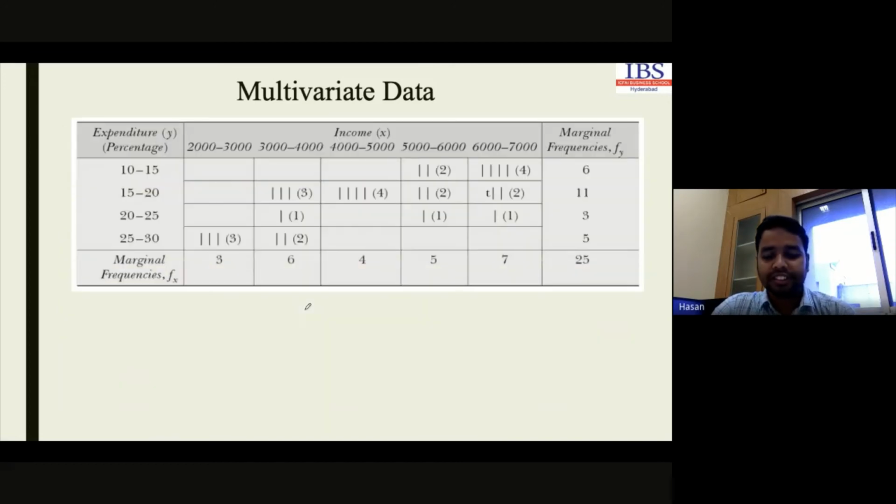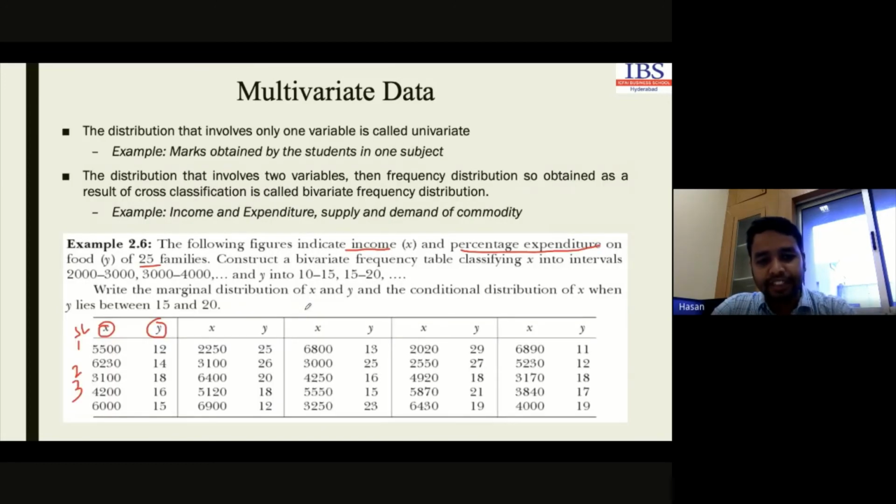Now look at this particular data if we represent it in a table by identifying the frequency. Our interval is the 2000 to 3000 income category. How many families spend this amount? These are the amounts: 12%, 14%, 15%, like this. We take groups for income and groups for expenditure.